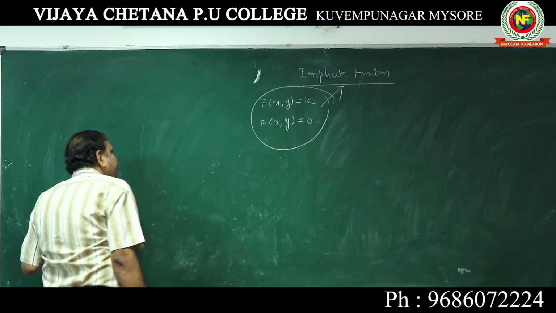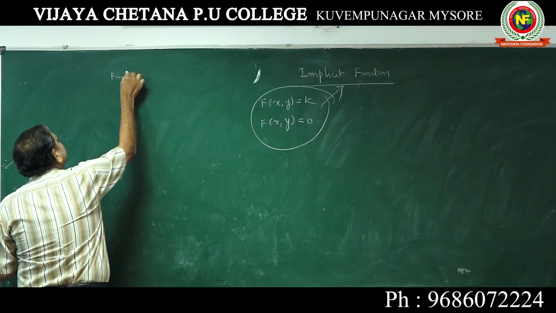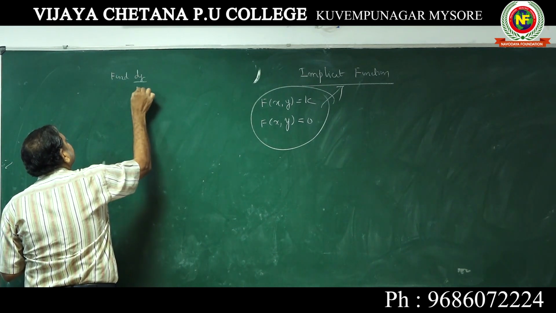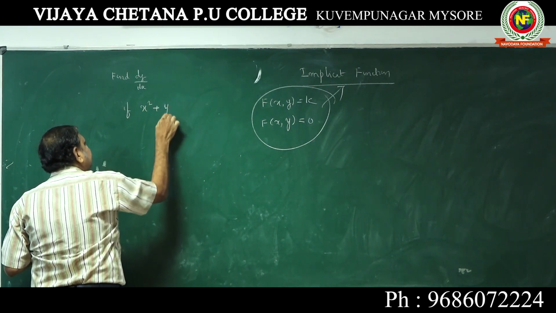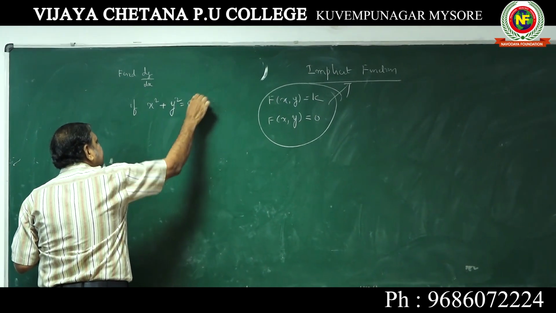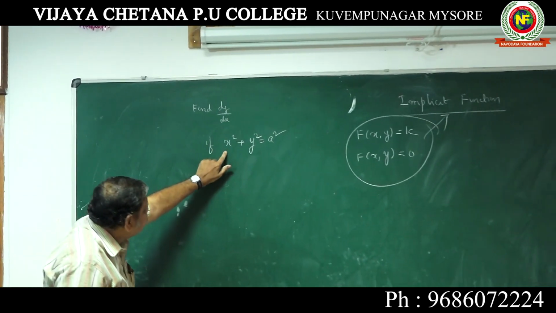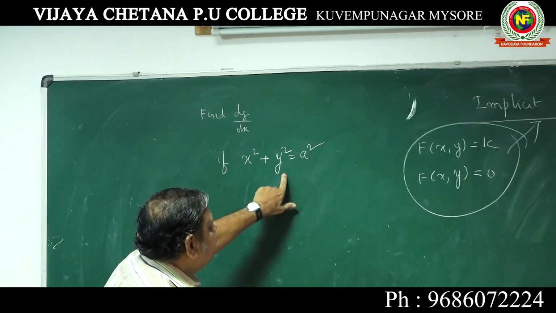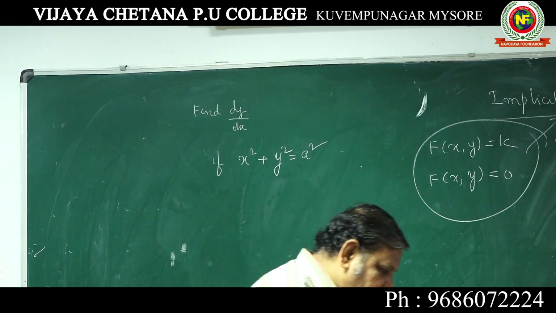Now you take this: find dy by dx if x square plus y square is equal to a square. This is called implicit function because f of x is also there, y is also there, and the constant a is also there.